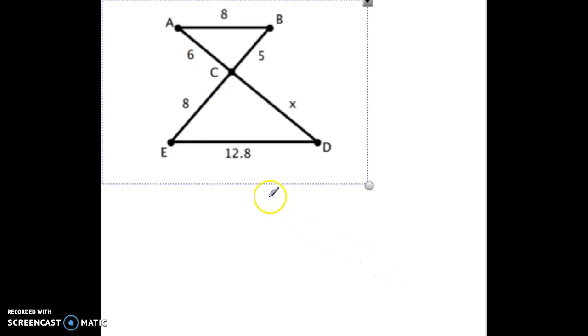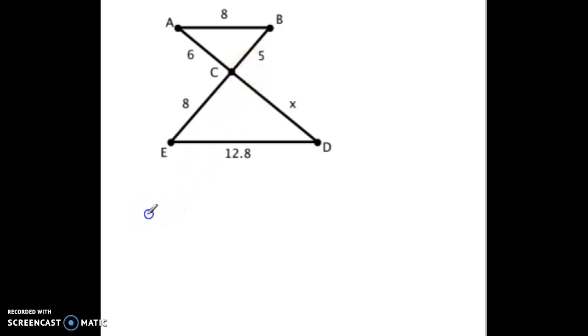Alright, in this case, we know we have a bow tie problem. The two ends of it, or the two opposite ends, are corresponding to each other. We also know that this BC is corresponding to CE, and 6 is with X. Now it doesn't really matter which of the pairs you choose to use because we have all three pairs here, but I like to use the ones with the easiest numbers.